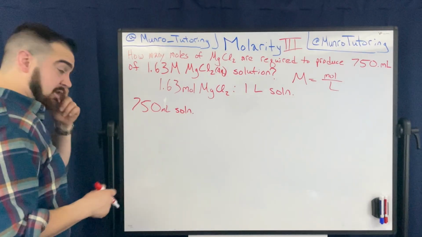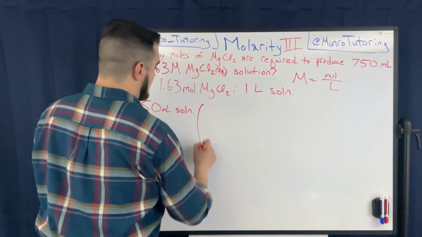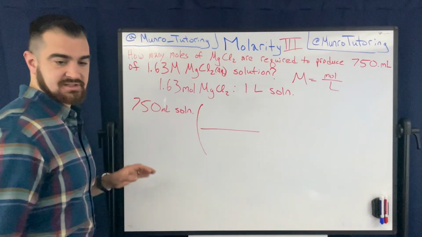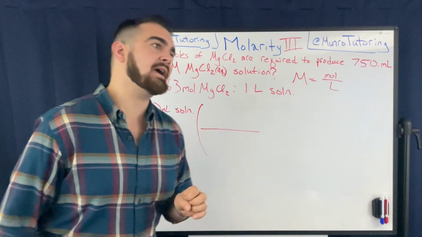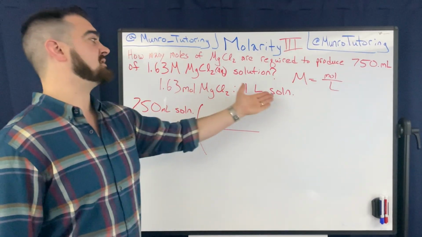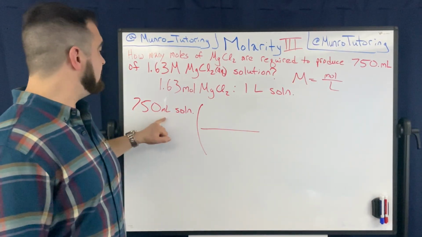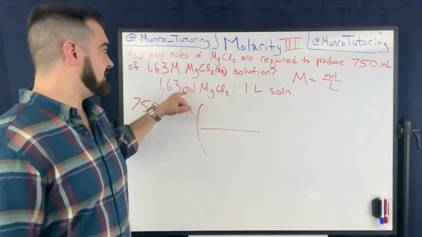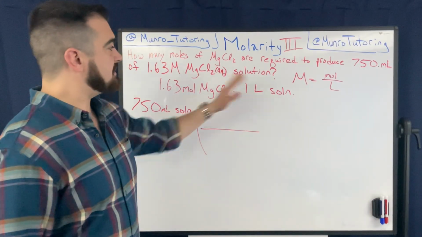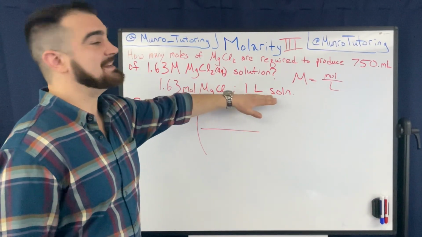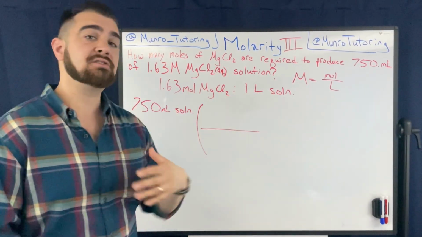And then we open up our parentheses and we put our fraction bar, just as I showed you in the other videos. And we have to figure out which side of this is going to go in the top and which side is going to go in the bottom. Well, we have milliliters of solution here, so that doesn't cancel in moles. So it's got to be the other side, but this is written as liters of solution. So there's two things we can do.